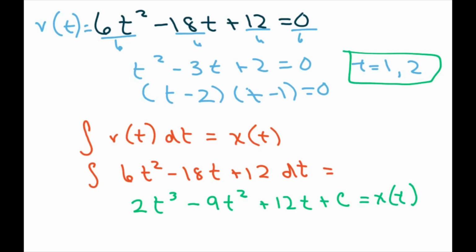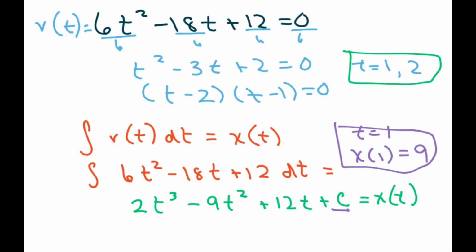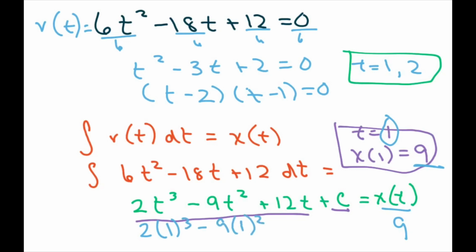So now that we have that, we're going to have to do the same thing and find c. We know at time equals 1 that x(1) equals 9. That was given in the problem. So all we're going to do is take our equation, plug in our 1, and set it equal to 9. So you get 2 times 1 cubed minus 9 times 1 squared plus 12 times 1 plus c equals 9.